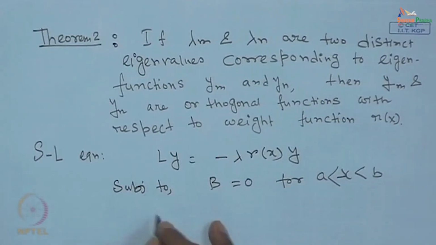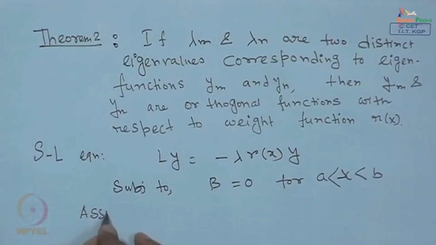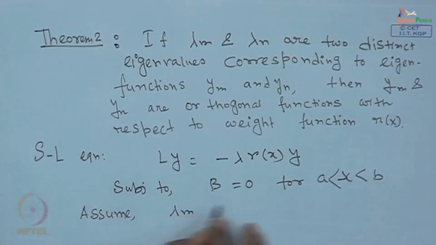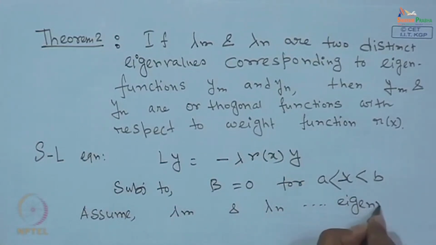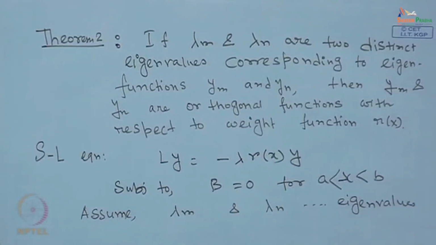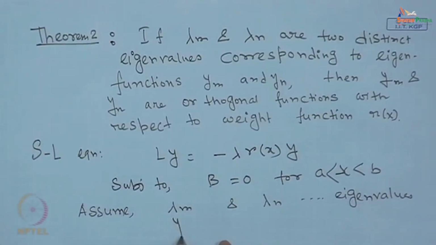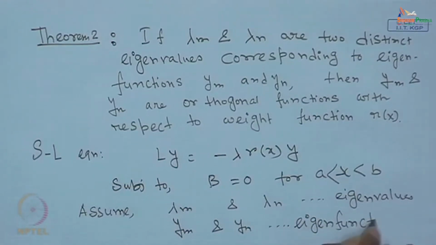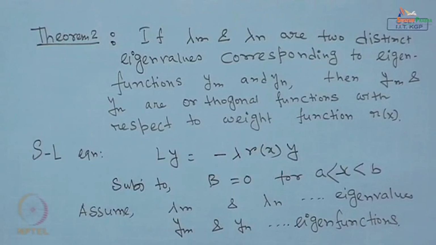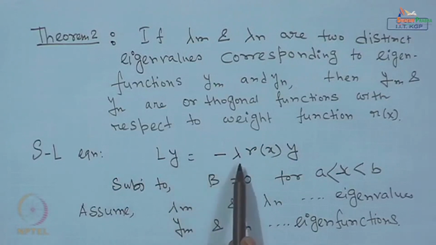Let us assume lambda m and lambda n are distinct eigenvalues, and y m and y n are the corresponding eigenfunctions. So, y m and y n must satisfy this equation. When y becomes y m, lambda becomes lambda m. When y becomes y n, lambda becomes lambda n.